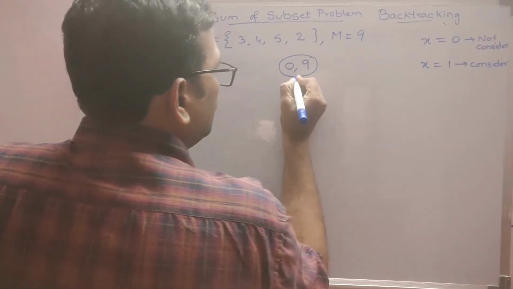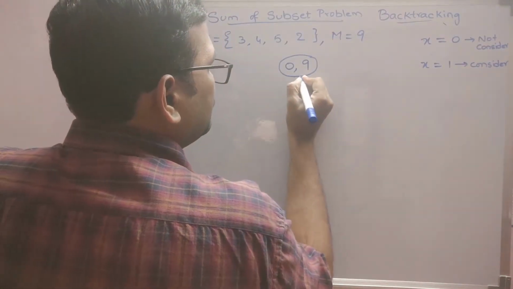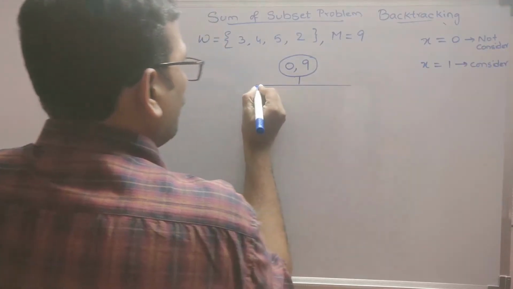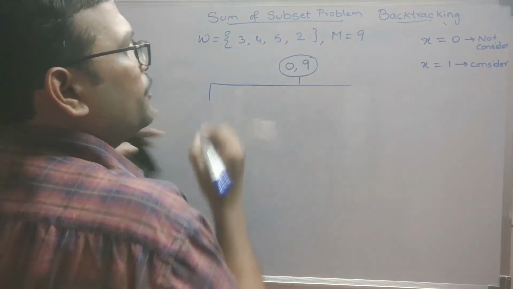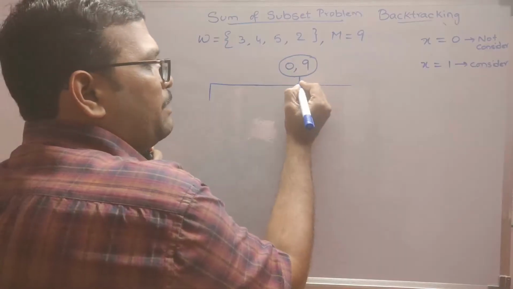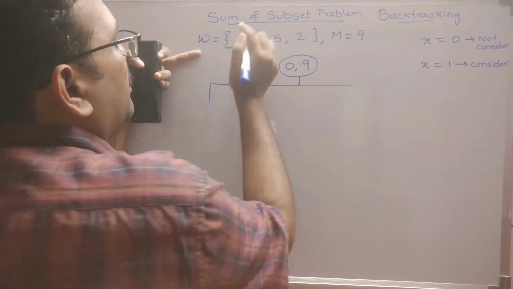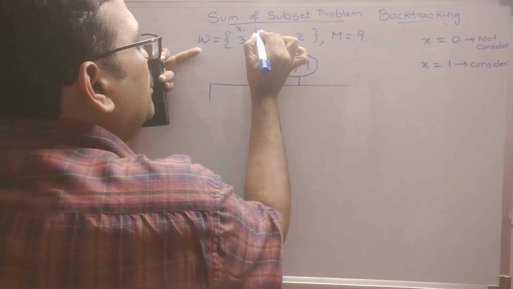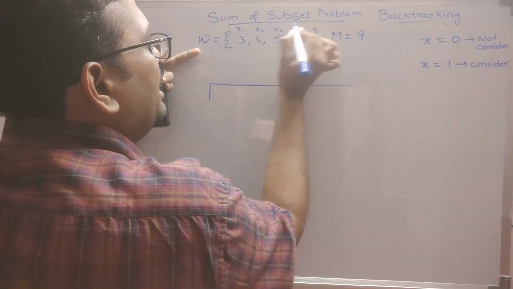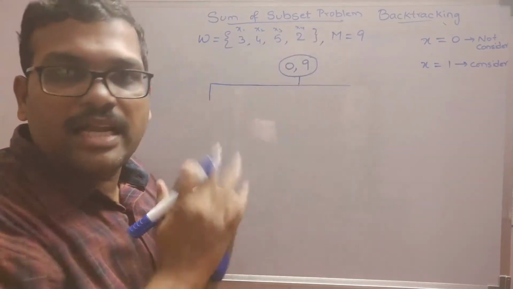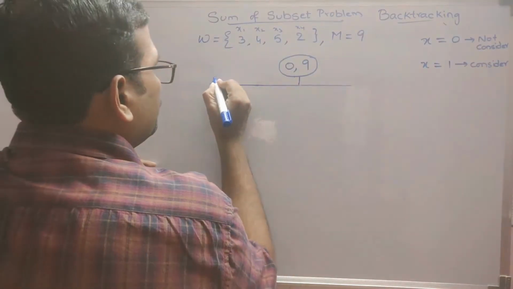Now let us consider adding the first element. I'll write here x1, x2, x3, x4. There are 4 elements. Consider x1.